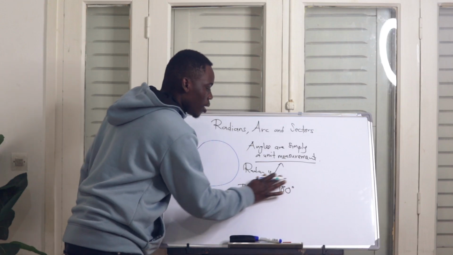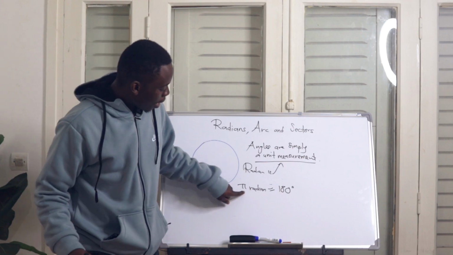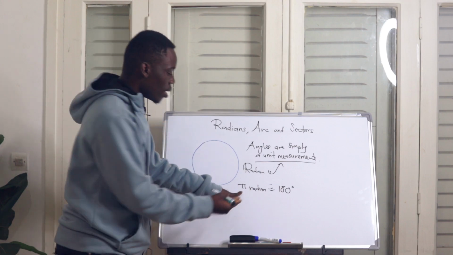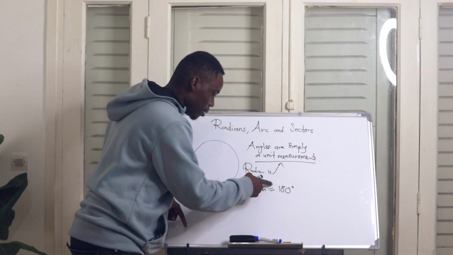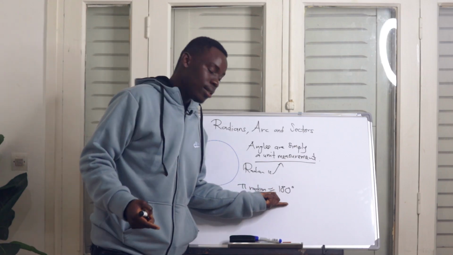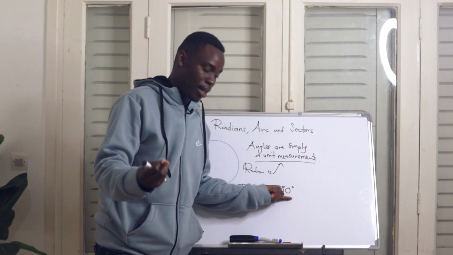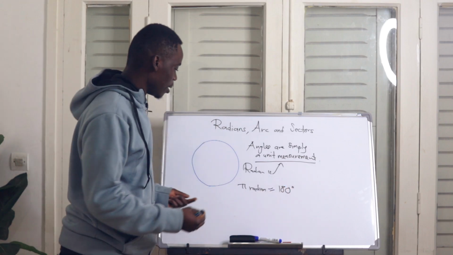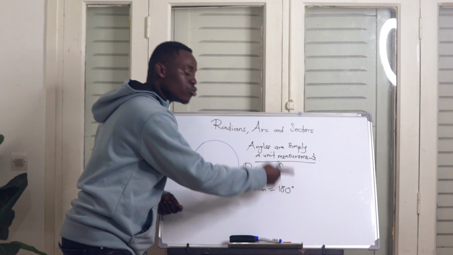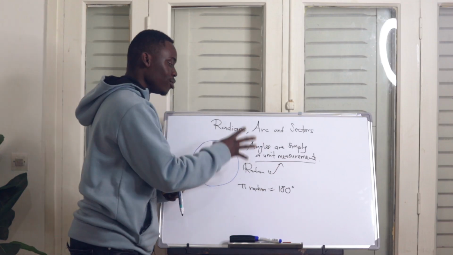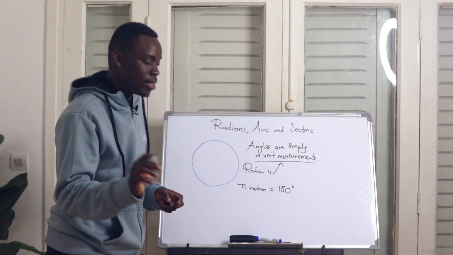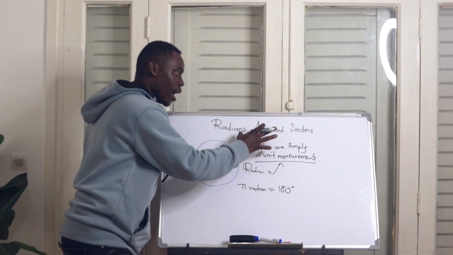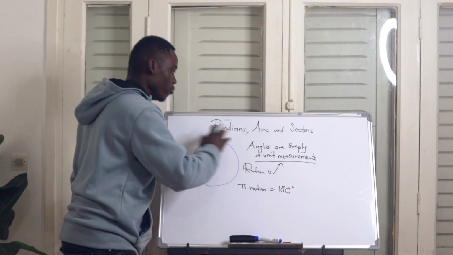Note this: pi is a figure, radian is the unit of measurement. Similarly, 180 is a figure, degrees is a unit of measurement. So pi is equal to 180 degrees. This is your starting point. This is your base. When you understand this, it will be very easy for you to calculate the arc and the sector of a secant.